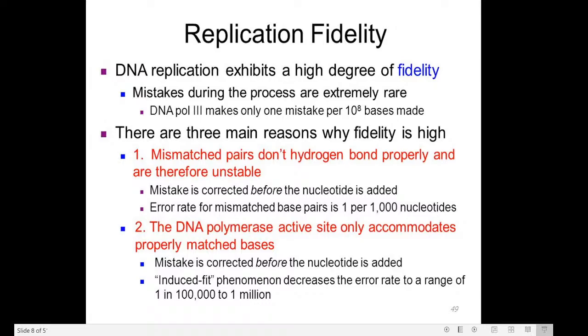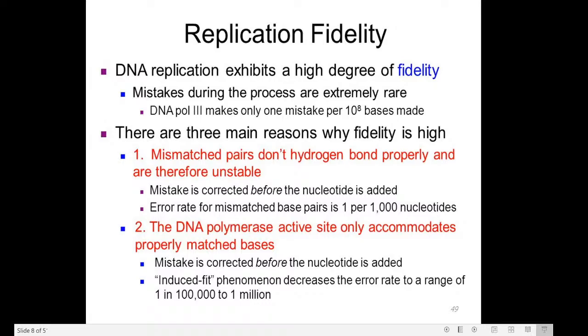If the DNA is damaged for any reason, we want to repair it, so for that process enzymes are activated. Mismatched pairs don't have hydrogen bonds properly, so there is an unstable bond in the DNA, and that causes the damage.